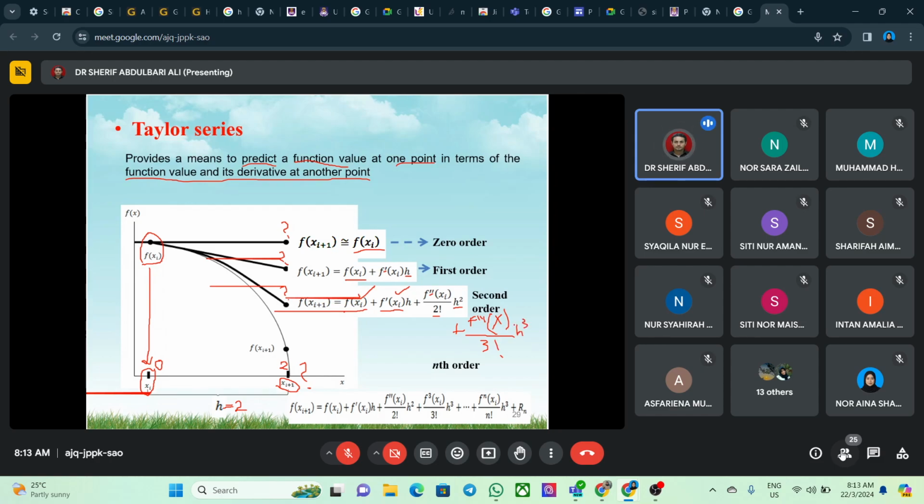And you are going to continue like this till you reach the nth order of the Taylor series. So in general, the Taylor series is going to be something like this.